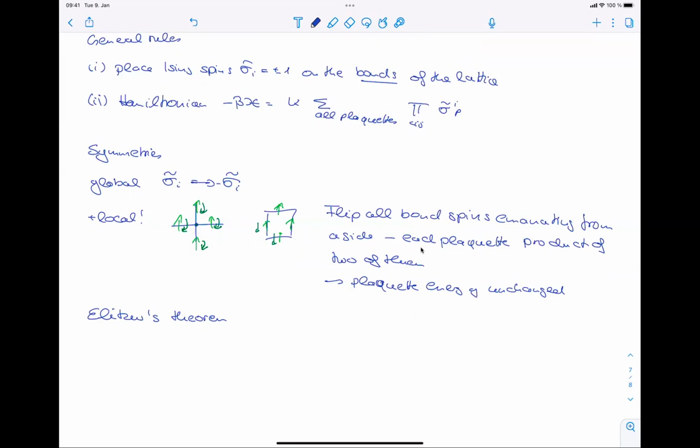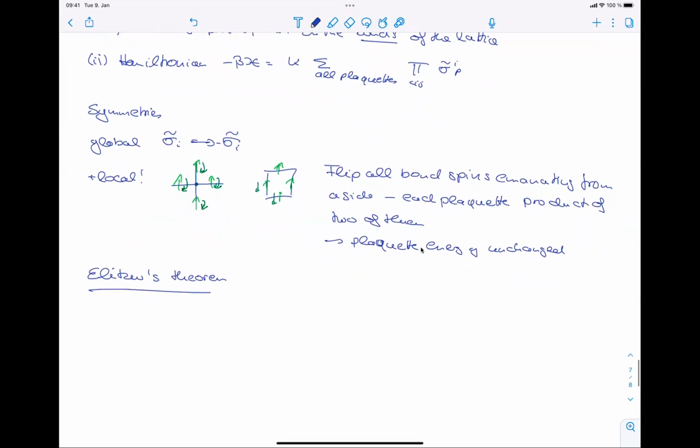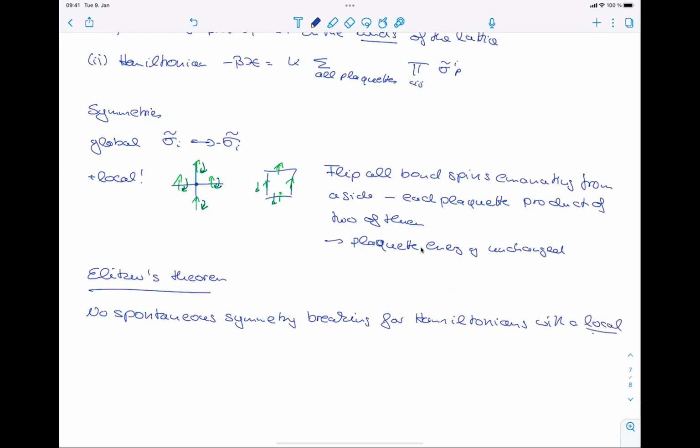So how am I supposed to have an ordered state then? So Elitzur's theorem says there's no spontaneous symmetry breaking with a local symmetry.